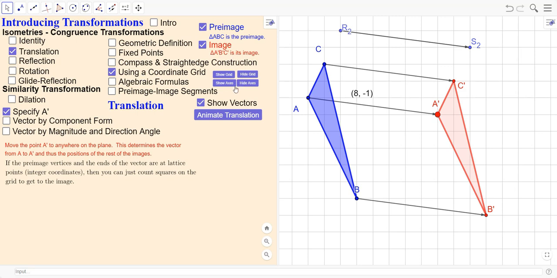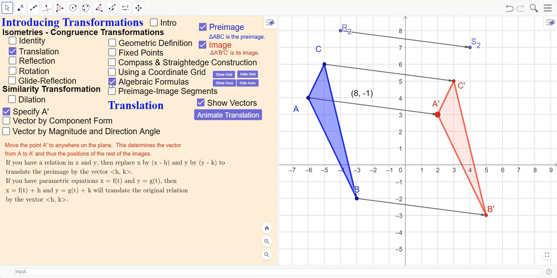Well, that means that if we now impose an axis with this, we can say something about algebraic formulas as well. Okay, and so if this is the vector hk, in this case h is 8, k is -1, 8 to the right and down 1.